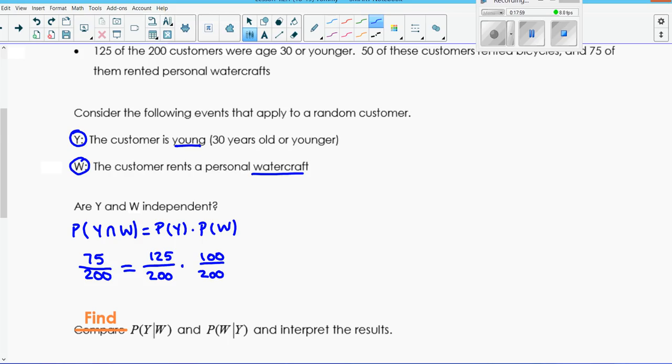Okay. Using your calculator, 75 over 200 is, I'm going to change these into percents because remember, we're checking whether they are within 1%.